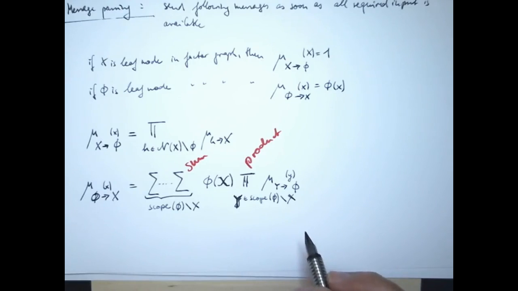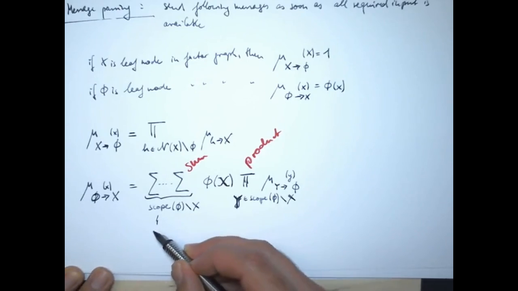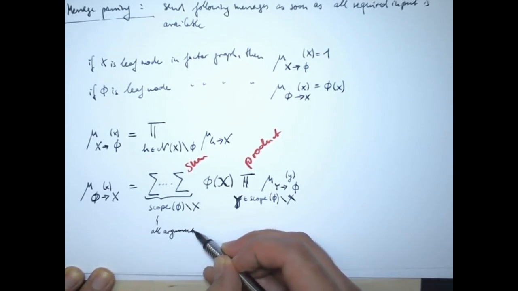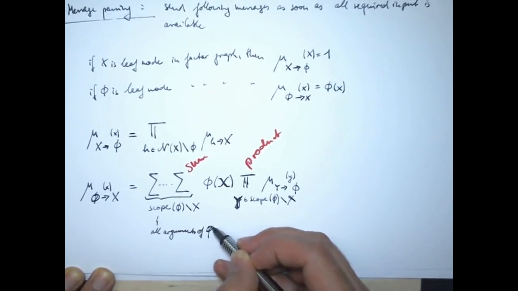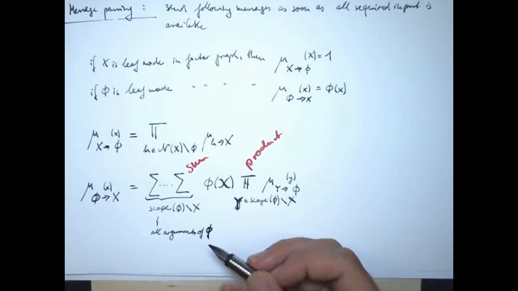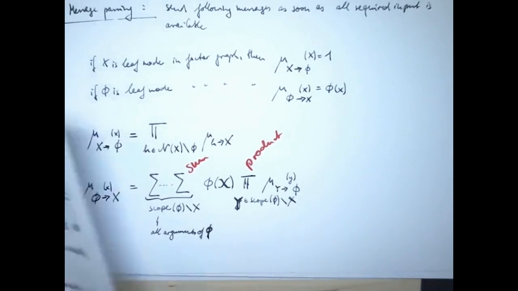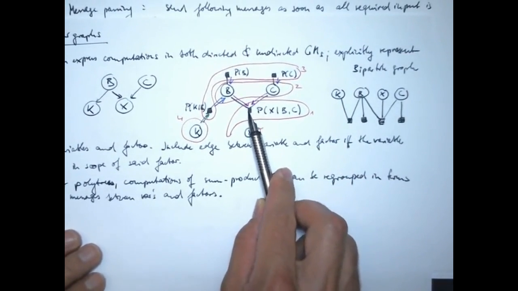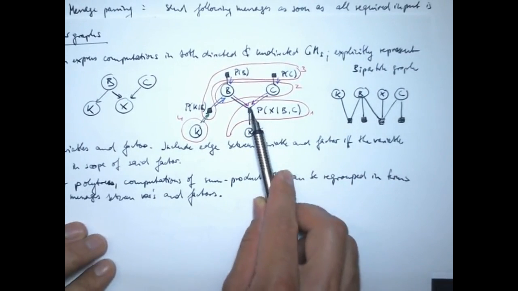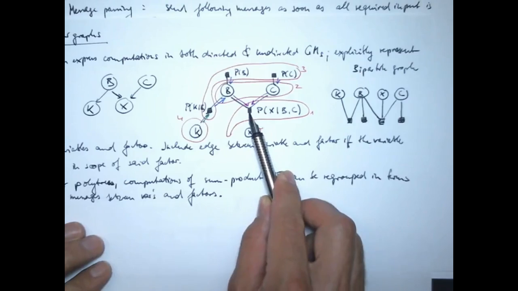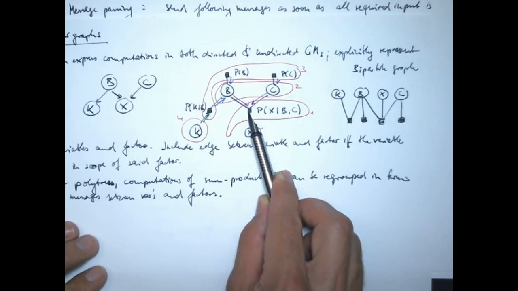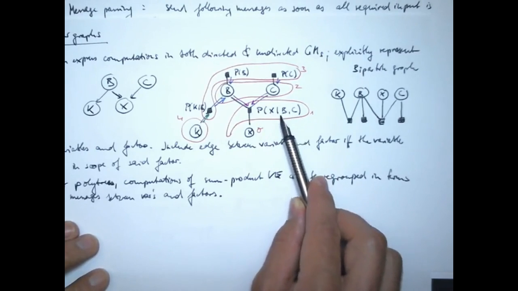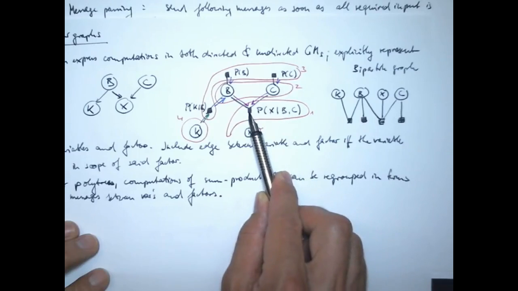The scope is just the set of all arguments of a factor. So here, you see this factor represents the probability of x given b and c. So I can represent it in terms of its conditional probability table, which will have entries that depend on x and b and c. So the scope of this particular factor is x, b, and c.